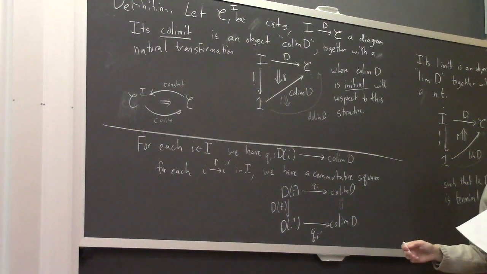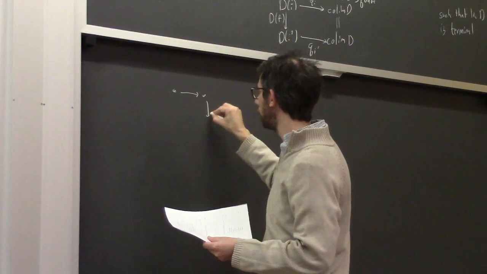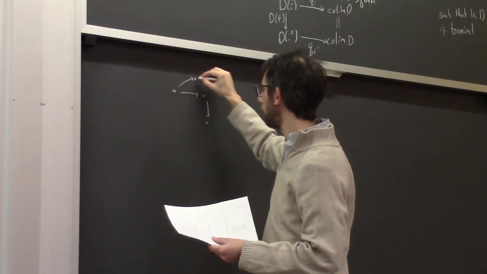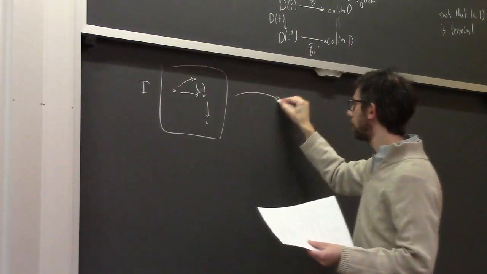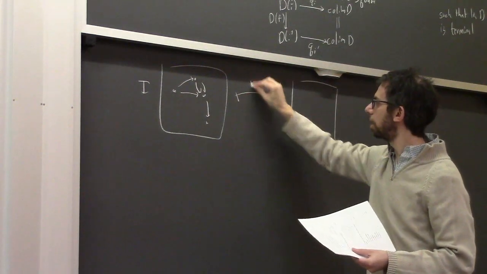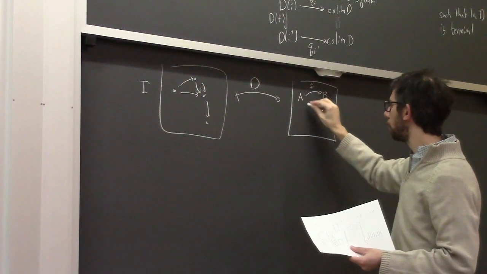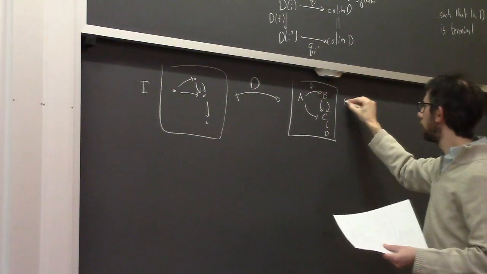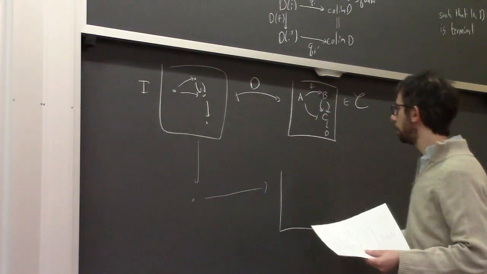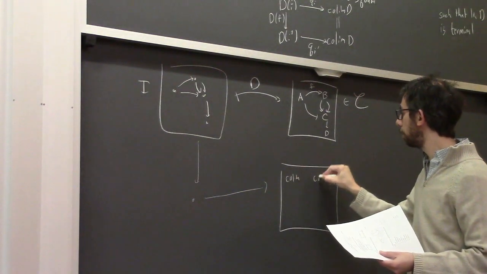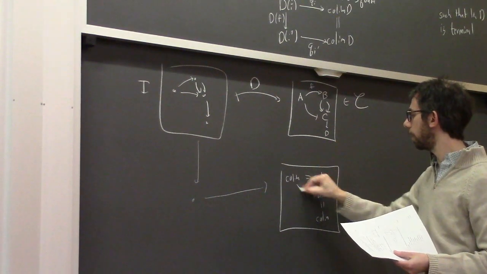It's like we've taken the whole of I. So I is some weird category. Maybe it's a square. Who knows what shape I has? Here's I, and we have this functor called D, and D sends it to A, and f, and B, and all sorts of stuff in our category. This is occurring in C. And now this other thing takes us to just colim, colim, colim, colim, identity, identity, identity.